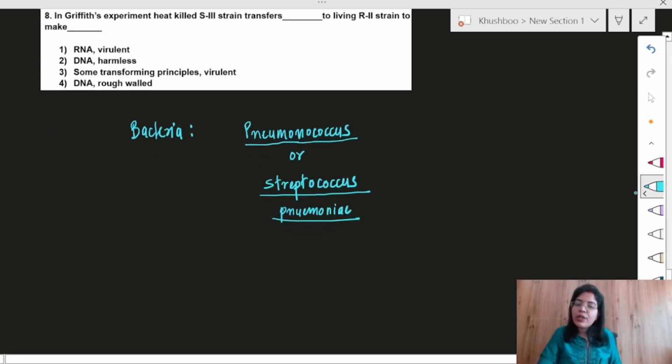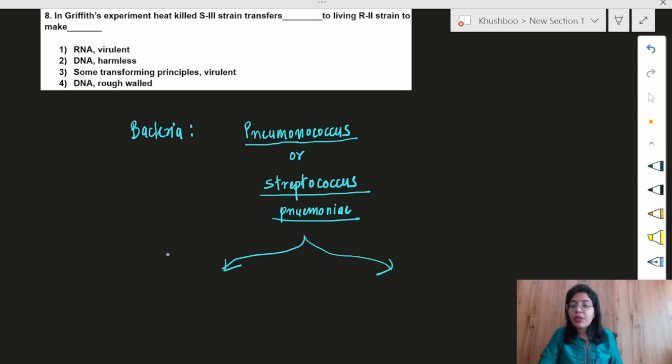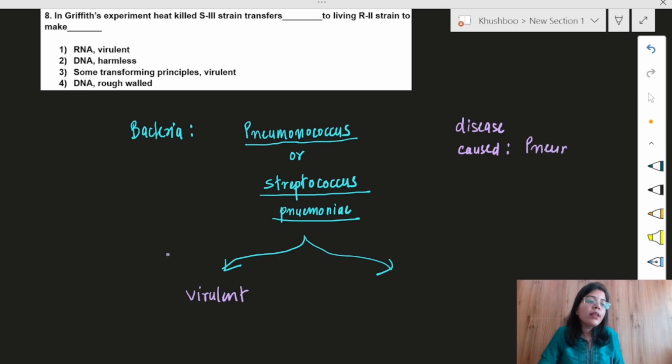It had two strains. One strain is the virulent strain. Virulent means it can cause disease. Which disease does this cause? Pneumonia, as the name itself tells.